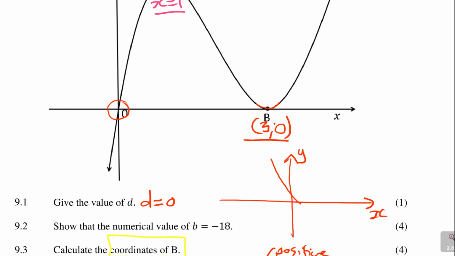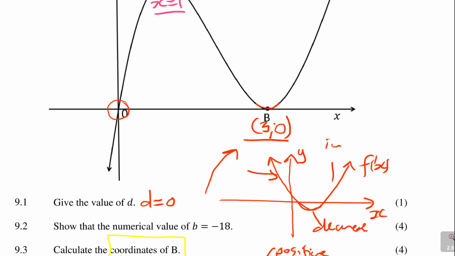This is the f prime x, where if it's on top, it means the graph was increasing. If it's at the bottom, the graph was decreasing. And on top again, the graph is increasing.